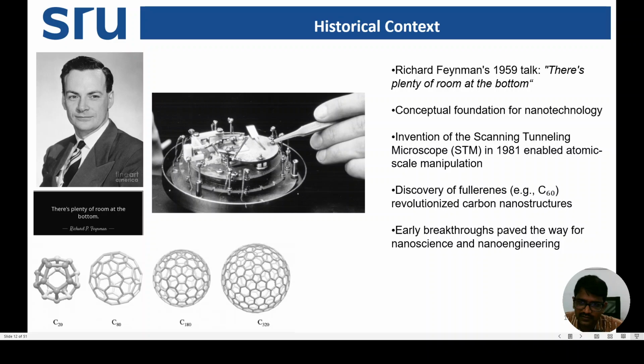Richard Feynman, in 1959, gave a very famous quotation related to nanotechnology: there is plenty of room at the bottom. Think of it. What is the meaning of this statement?